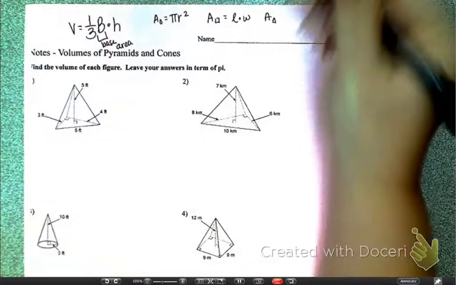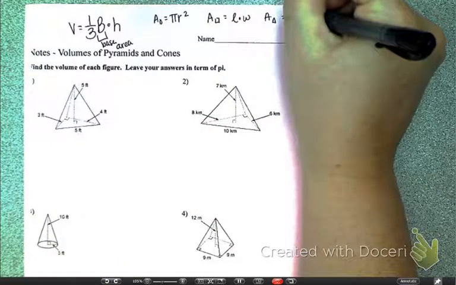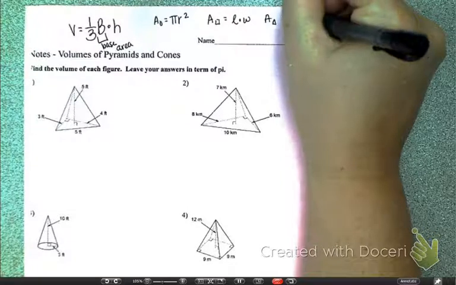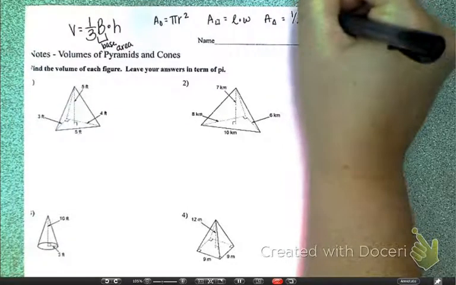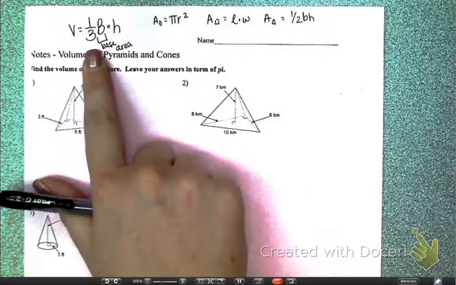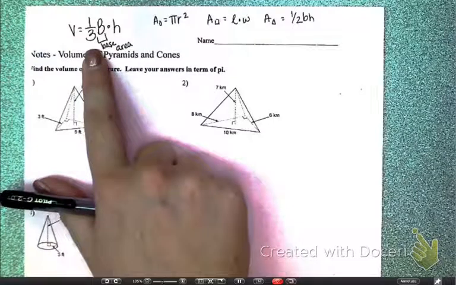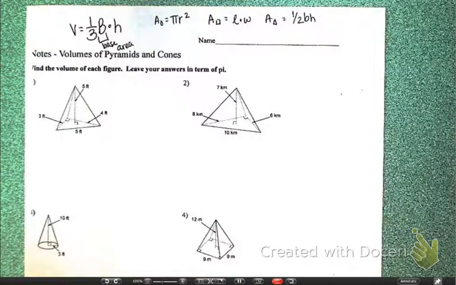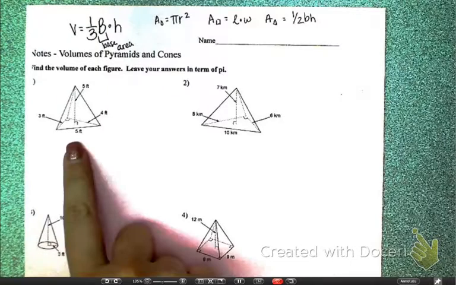What's that? 1/2 the base times the height. So those three aren't changing. The only difference now is I have 1/3. So if you see it come to a point, it is a pyramid or a cone, and you have to add that 1/3 out front. That is where people mess up. Okay? So let's look at number 1.